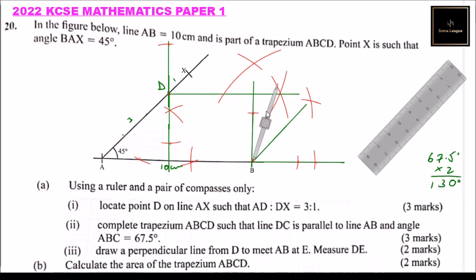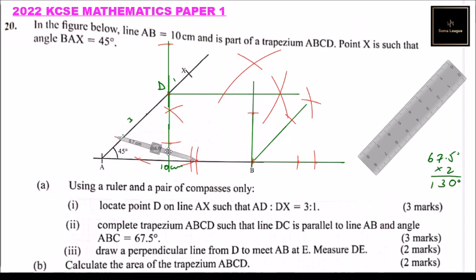So we make 2 arcs here. Then another one here. Then use these 2 points to make an angle of 67.5.